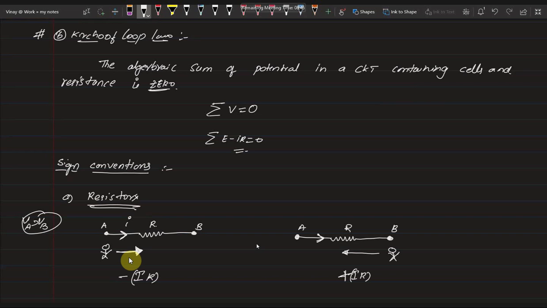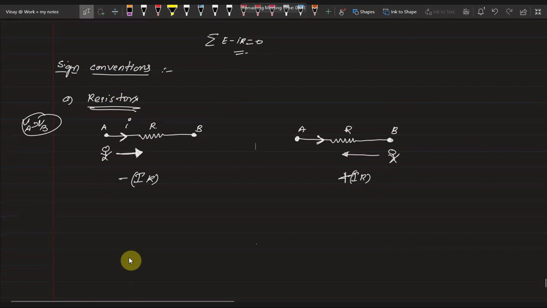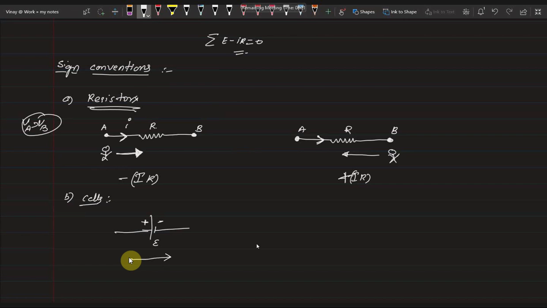And similarly, we have sign conventions across the cells also. For example, if I take a cell with EMF E, this is the positive terminal and this is the negative terminal. Please remember, students, I am moving from the positive terminal to the negative terminal.